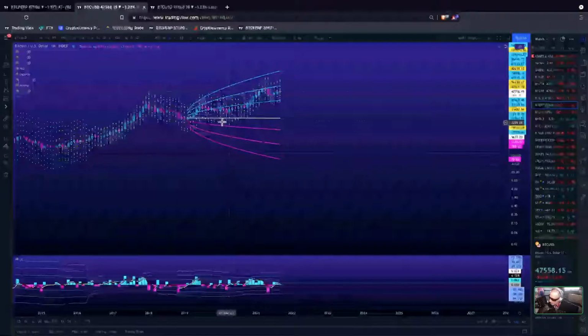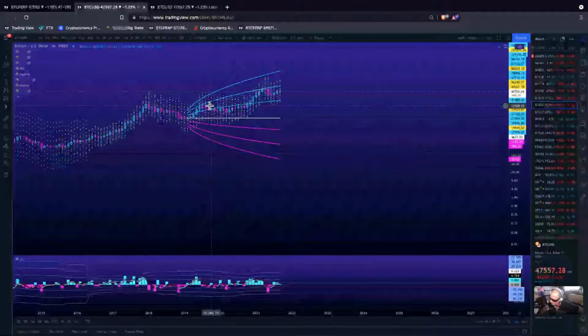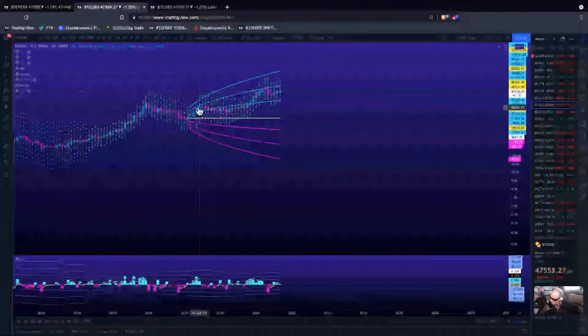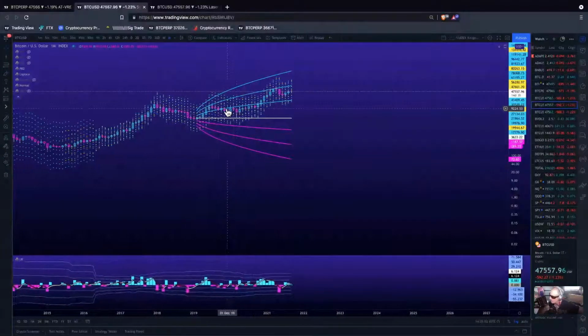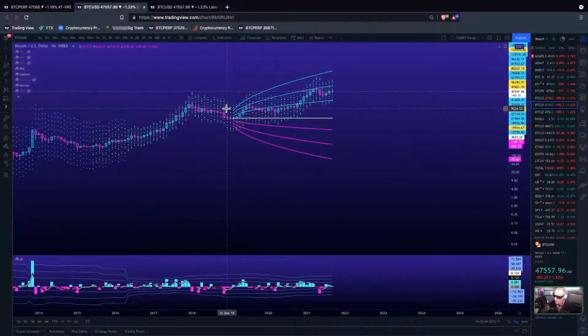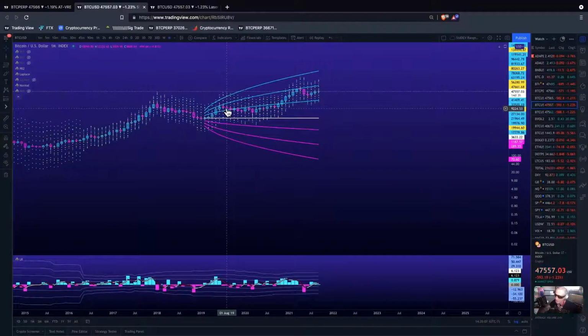This is interesting though. That's what stalled out the 4K. Boom. And then bam. That wick is out there. Retested the main stuff. But yeah, there's just not enough history to project into the future, which is a little sad.